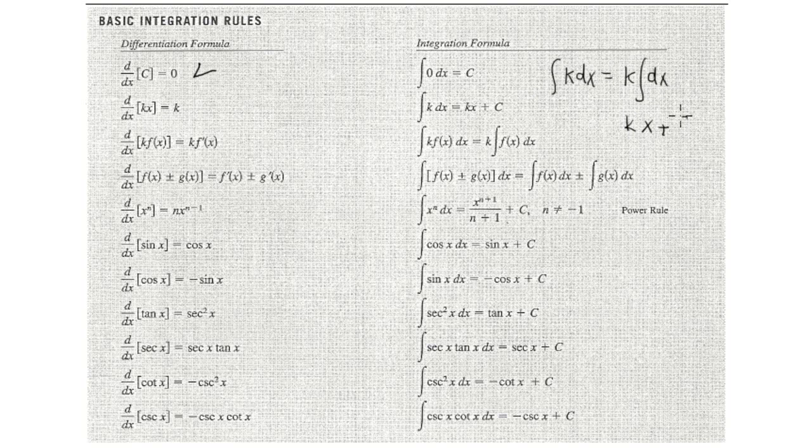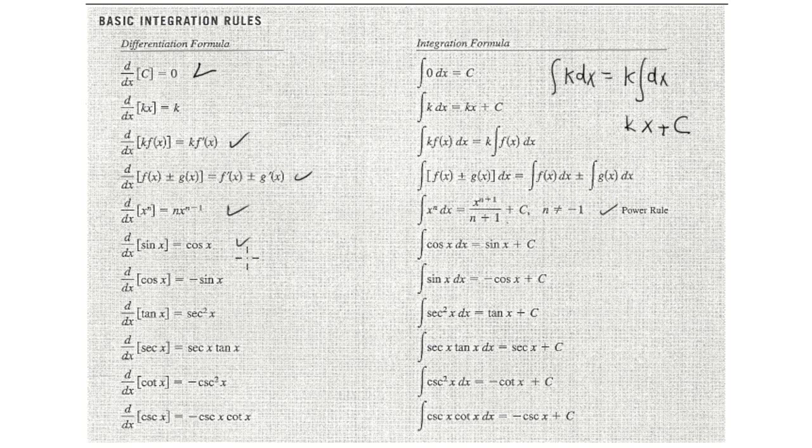And don't forget the arbitrary constant, always. This is important. Because this is a linear operator, when you multiply by a constant, the constant goes outside, and when it's plus or minus, we can separate into two antiderivatives. Power rule.